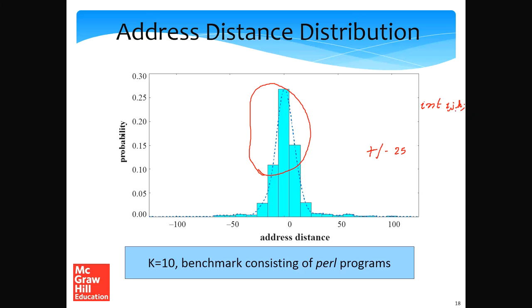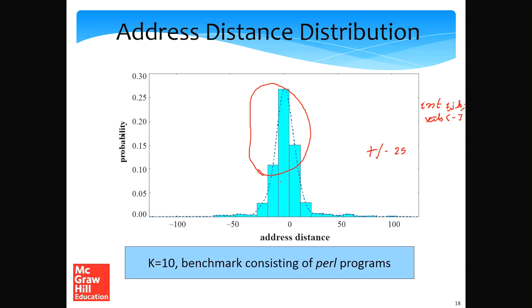So if I'm accessing j and then I and then k, it doesn't matter what the order is, but we'll always find that we're accessing similar data. Similarly, if there is an array or a string, and we are doing a scan through the array using a for loop, we'll also be accessing similar data. So a notion of spatial locality with a low address distance is there. And so that is why we get this graph.